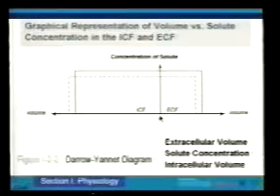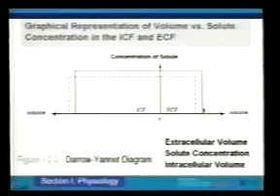Now, the x-axis represents volume. We have 2 volumes to consider here. The extracellular volume is to the right of the origin right here, and the larger the extracellular volume, the further the line would bisect the x-axis from the origin. If this is the control state situation, the point on the x-axis here would represent the volume of the extracellular compartment.